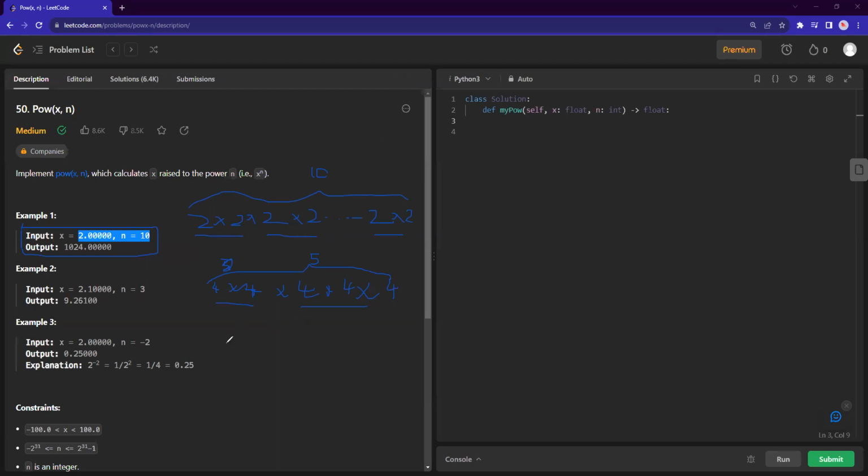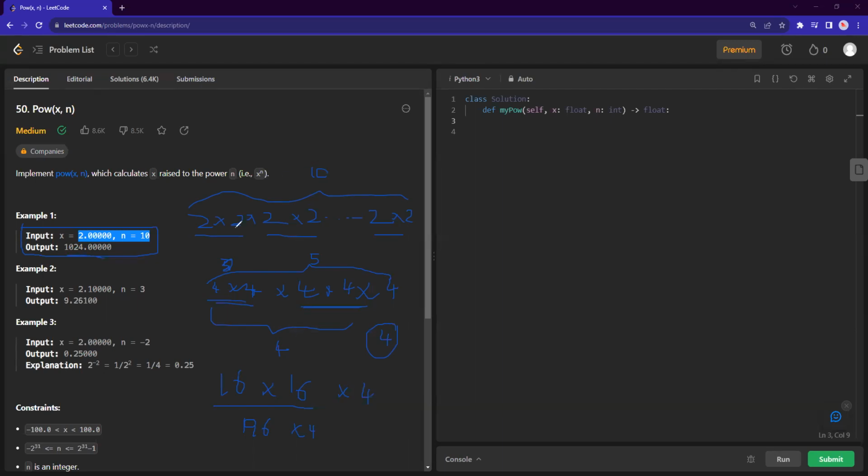That way, we have 4 of this and 1 of this. And these 4 can then be clumped further like this. It'll be 16 times 16 times 4. And once again, we can clump this together and it'll be, I think, 256 times 4. And this in return will give us the final value of this.